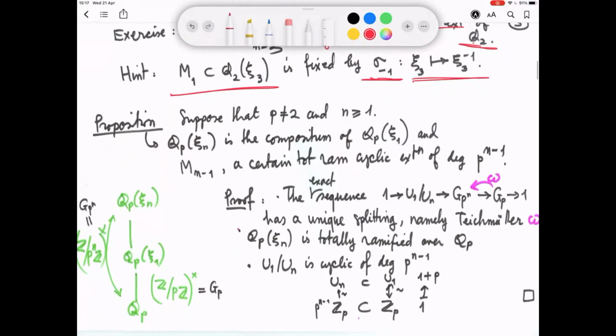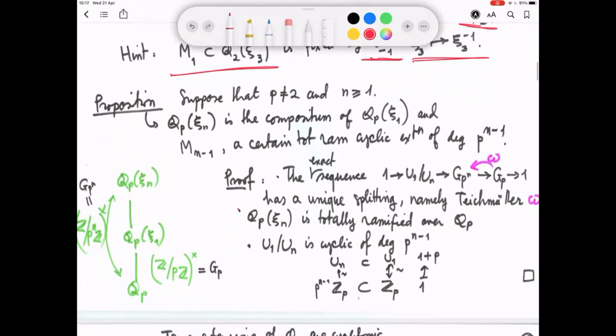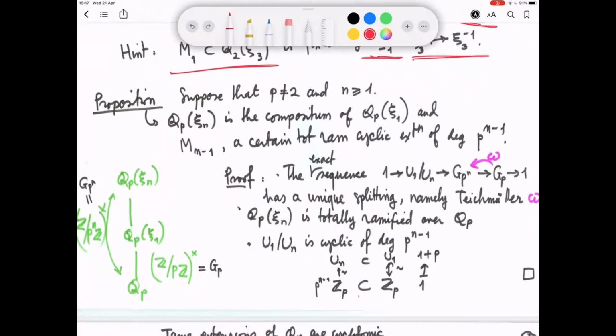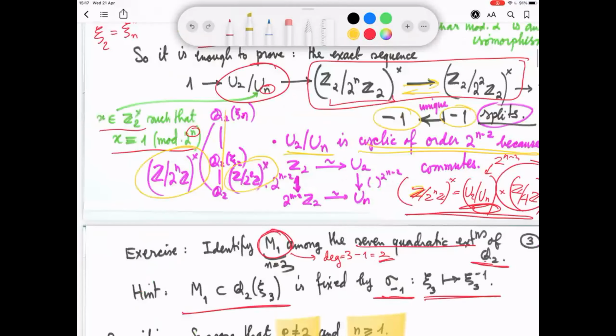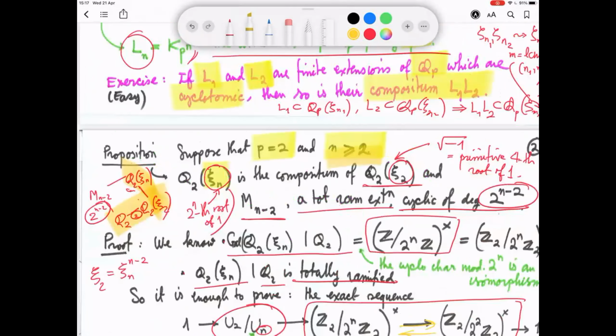So now, what's the analog of this thing when p is odd? If p is odd, you can allow n to be greater than 1 instead of requiring it to be greater than 2 as here.